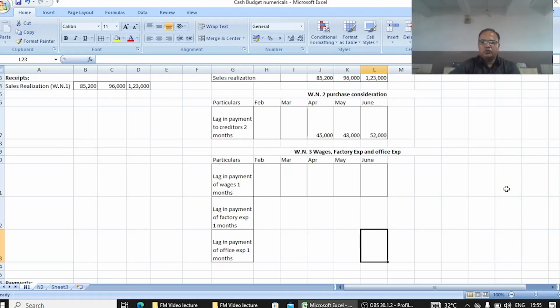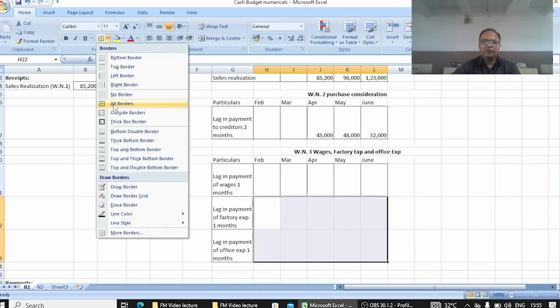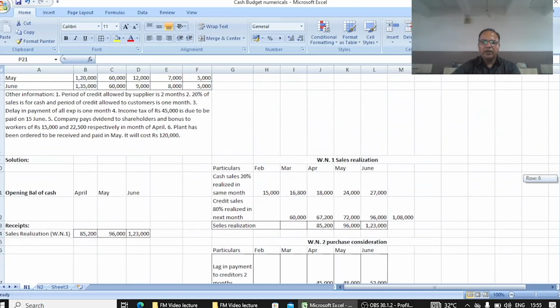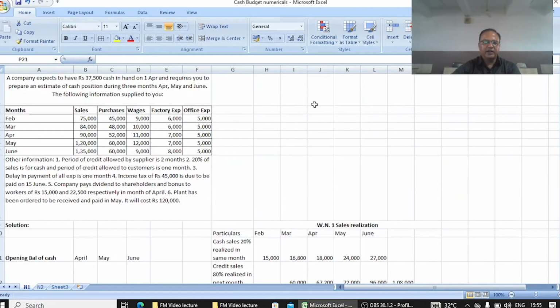Now let's see what will be the amount. Here it is given that we are assuming wages are the part of expense, so wages is being paid after 1 month.